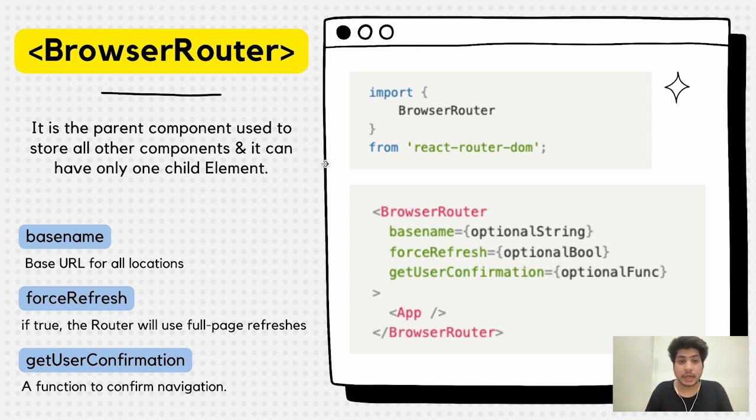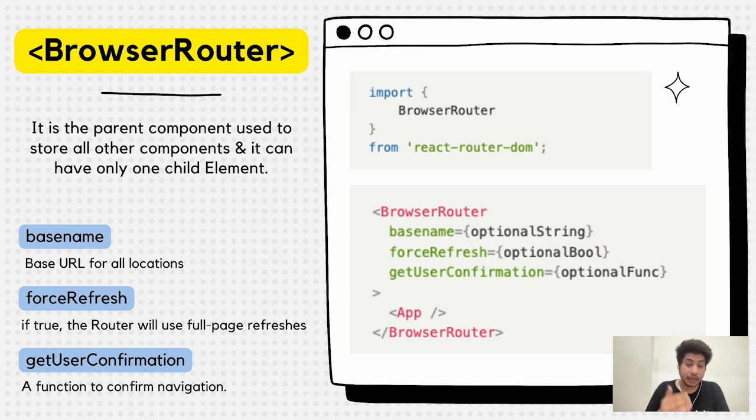It's the most important router in terms of React routing libraries, because it is the parent component that stores all the other components, and it can have only one child. It cannot have multiple children. Basically, this is the component that is responsible for changing the URLs on the address bar.